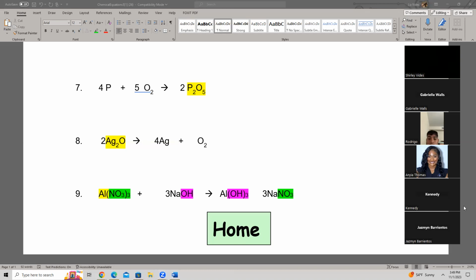So we have rewritten our equation. I'm going to rewrite it as aluminum X3, X meaning one thing, so that you don't focus on that thing. And Na, why is it doing that? It's being very annoying.